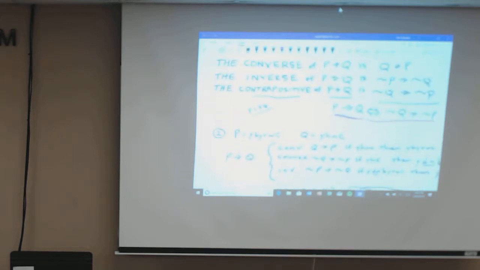What's problem 2 say? Let P be you brush your teeth with Clean, and Q be you have no cavities. You got that? Write the converse, contrapositive, and inverse of if P then Q. So what would if P then Q be in words?